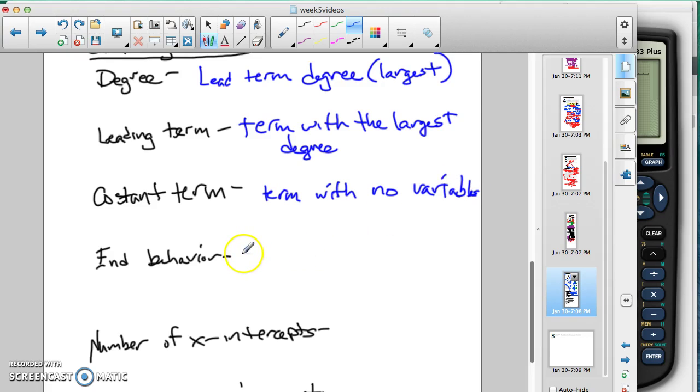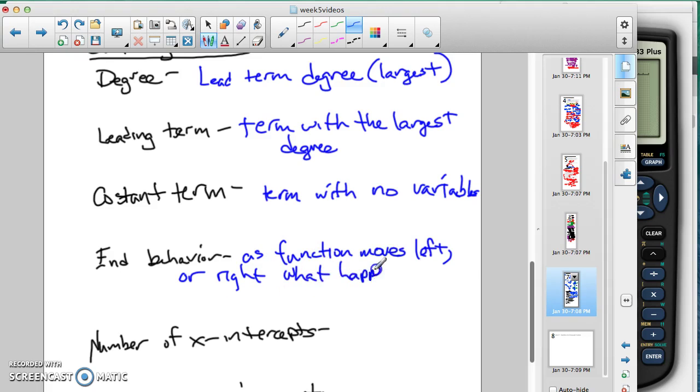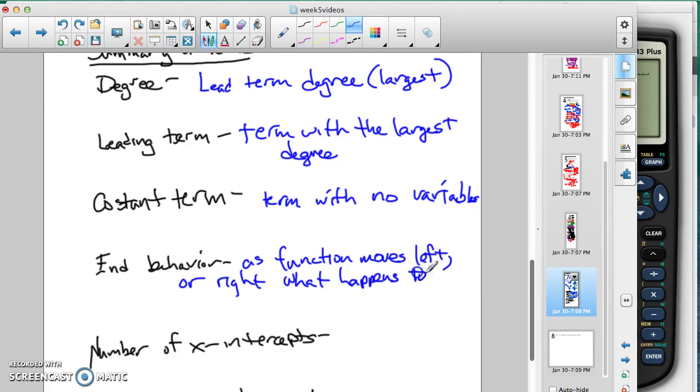And behavior is going to be as the function moves left or right, what happens to f of x?